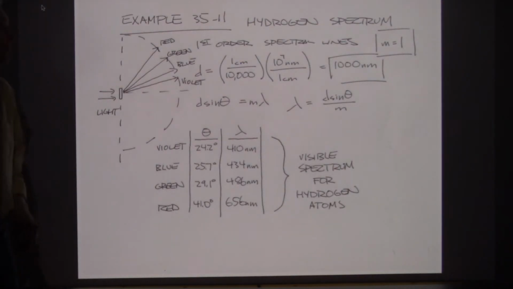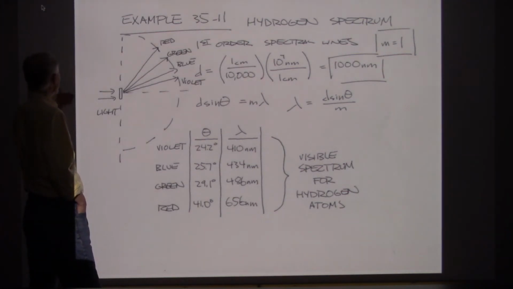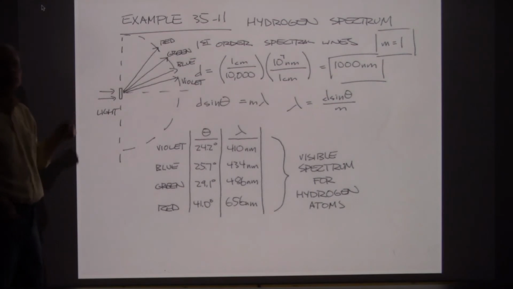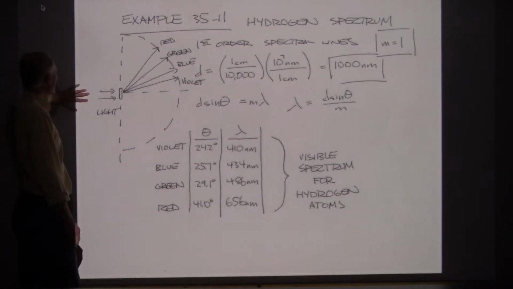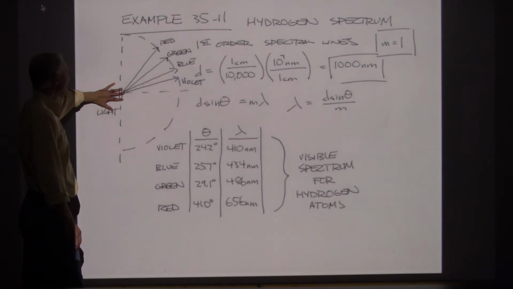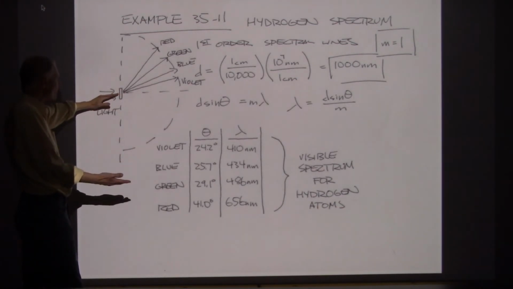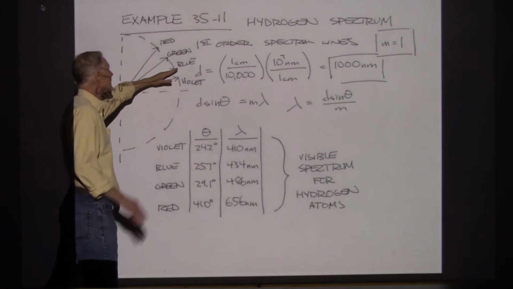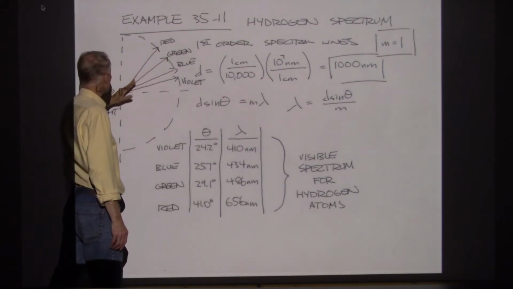So here is light coming from a sample of hydrogen. Maybe we're sending an electric current through hydrogen, the hydrogen atoms are glowing, and that light looks kind of reddish or violet red. What wavelengths of light are present? We can take the light from that glowing hydrogen, send it through a diffraction grating, and what we find is, within the visible spectrum, there are really just 4 distinct wavelengths that show up.